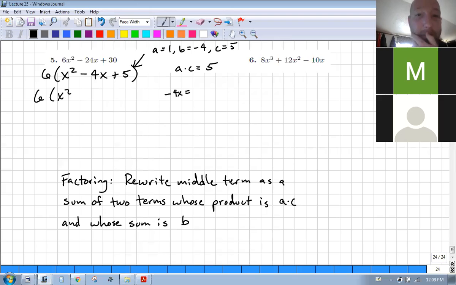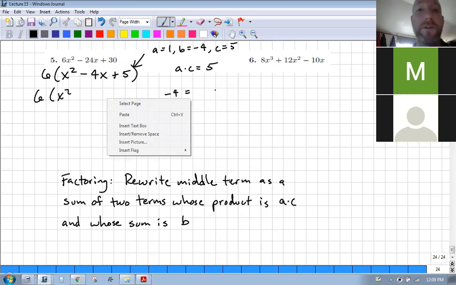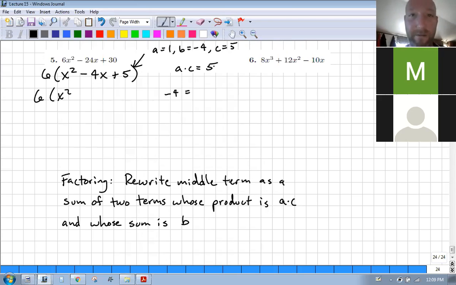Two terms whose product is A times C and whose sum is B. Let's see, we need 2 terms that multiply to give us 5 but add to be -4.